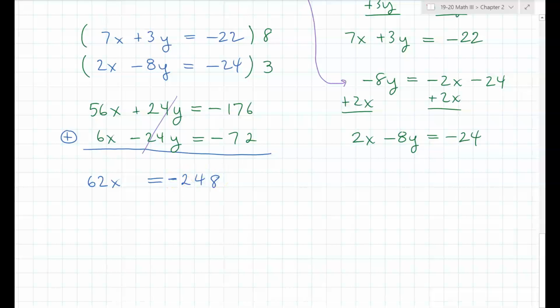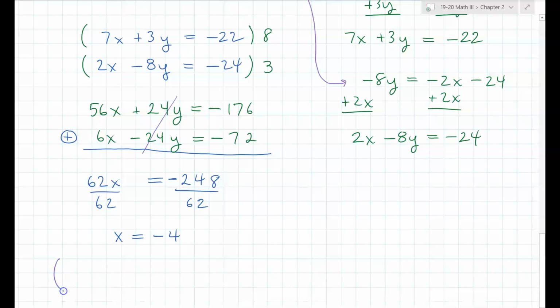I got to double check here. I'm bringing out my calculator because I don't know this off the top of my head, but does 248 get divided by 62? Yeah, it does. 4 times. Nice. Okay, so I'm going to divide both sides by 62. So x is negative 4. Okay, so I got my x value.